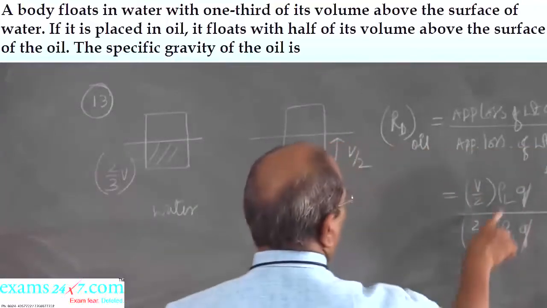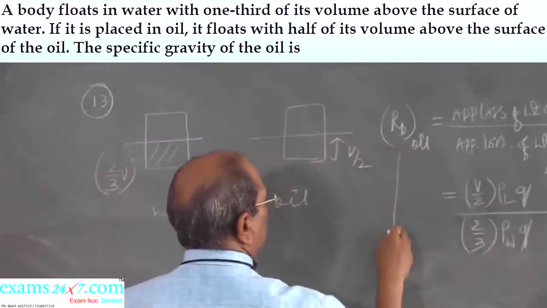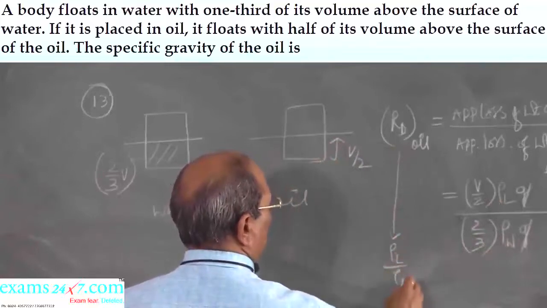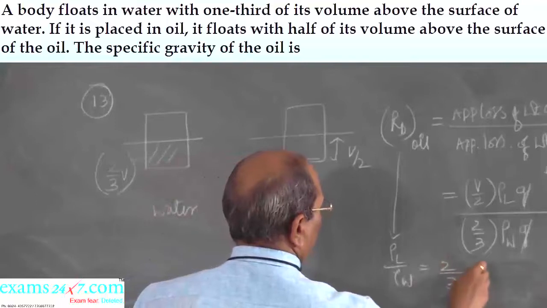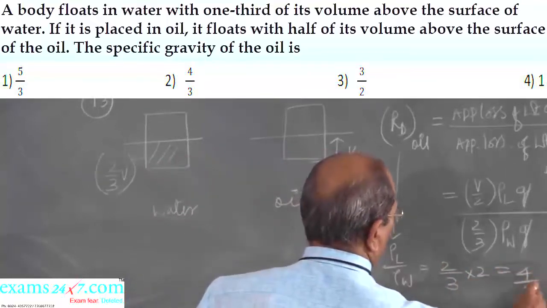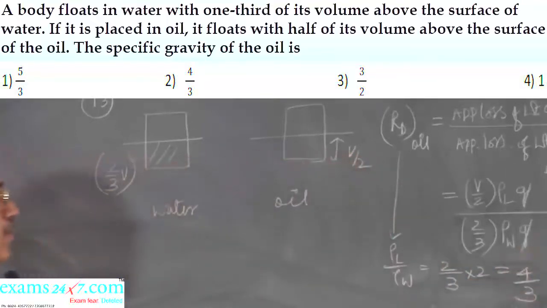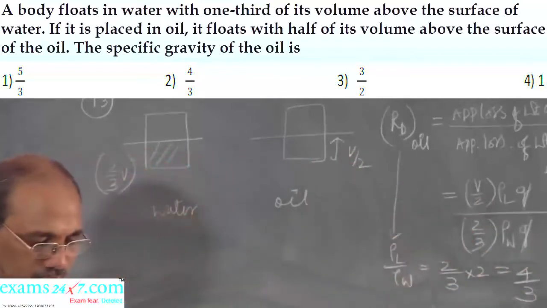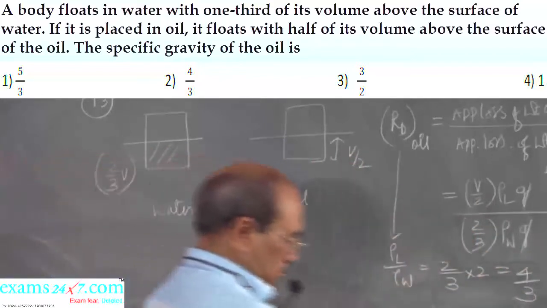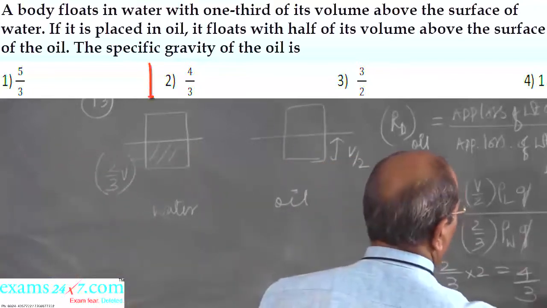Relative density of oil is rho L by rho W. This is nothing but 2 by 3 into 2, equal to 4 by 3, rho L by rho W. This goes to the numerator. Option is second one.